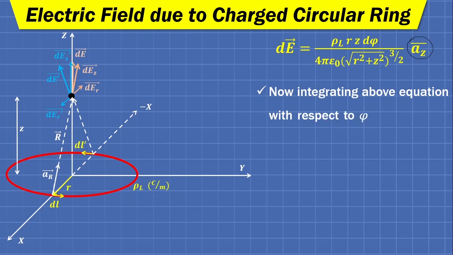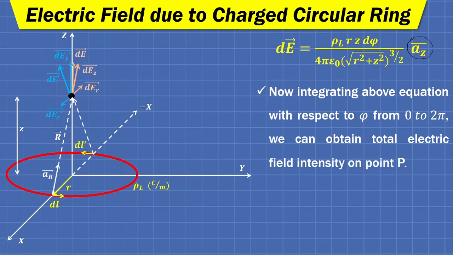Now, integrating the above equation with respect to phi from 0 to 2 pi, we can obtain the total electric field intensity at point P. The limit of integration will be 0 to 2 pi, so that it is a closed line integration.